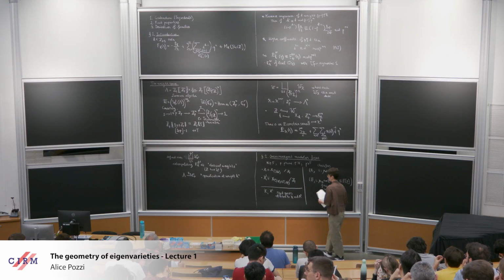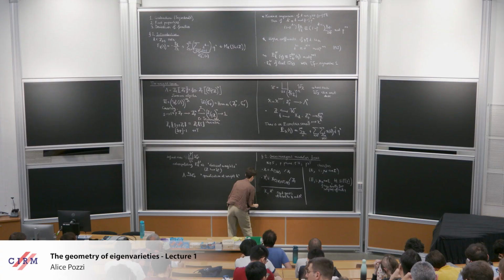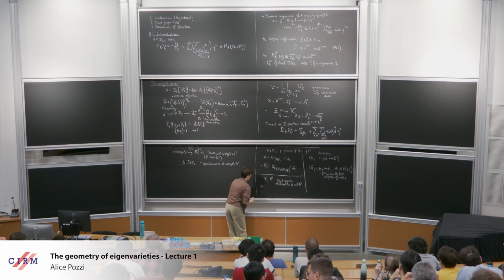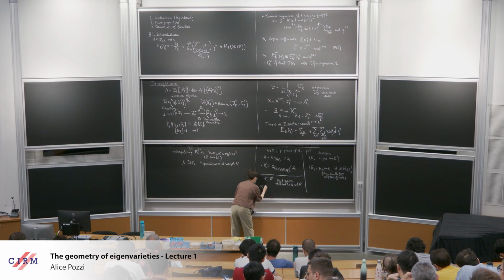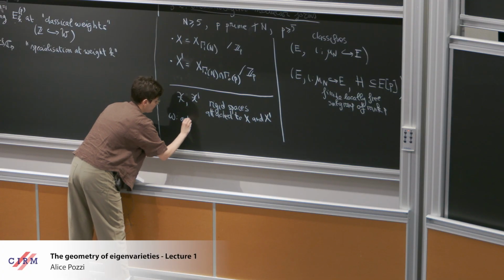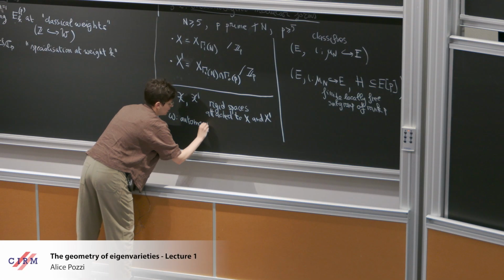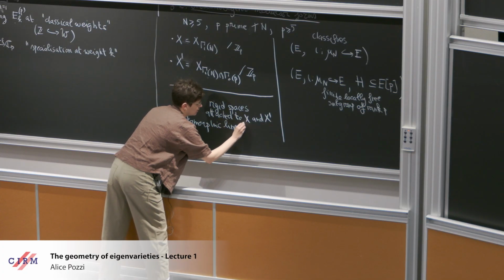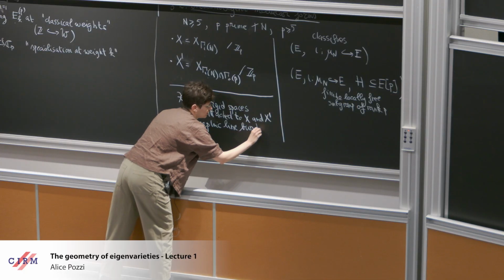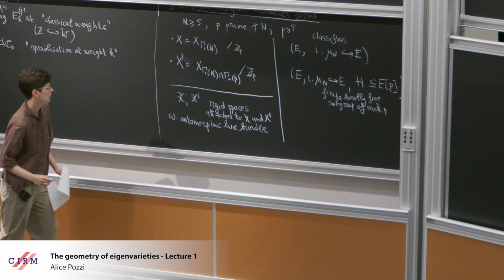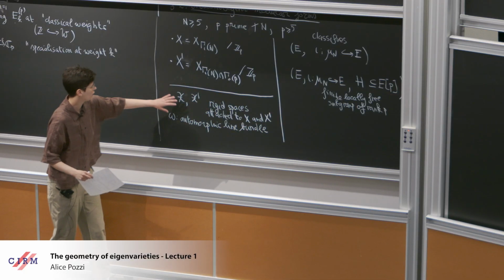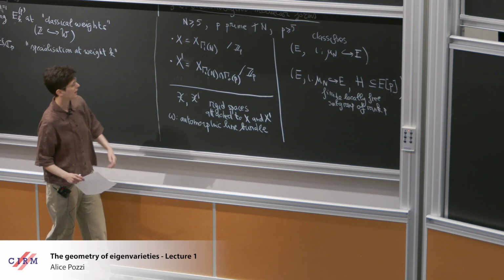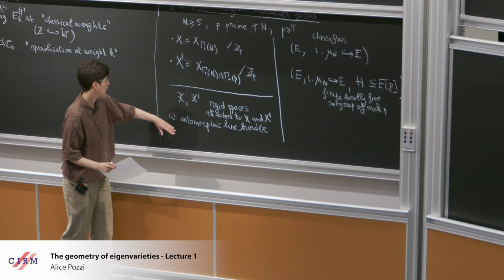Okay, and last piece of notation, omega is going to be the usual automorphic line bundle, which is obtained by looking at the differential of the universal elliptic curves and pulling back along the canonical section.